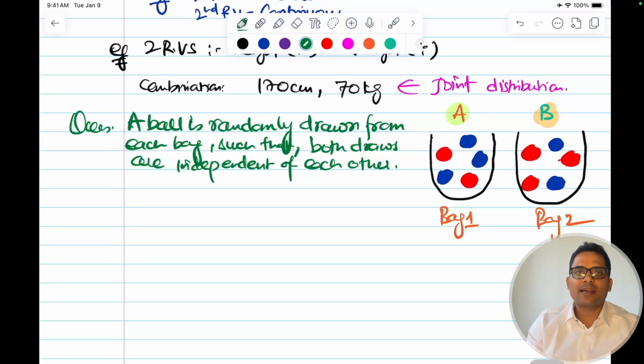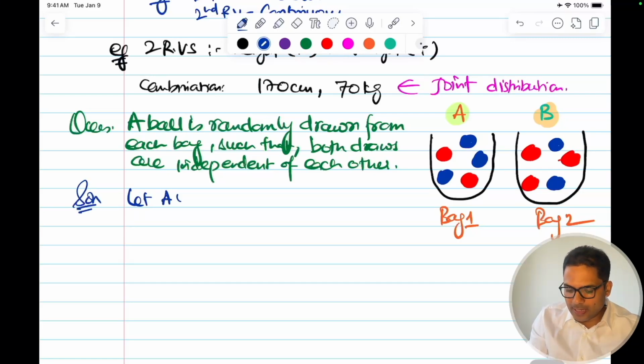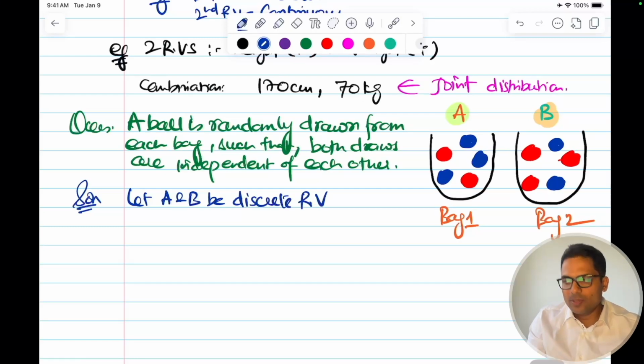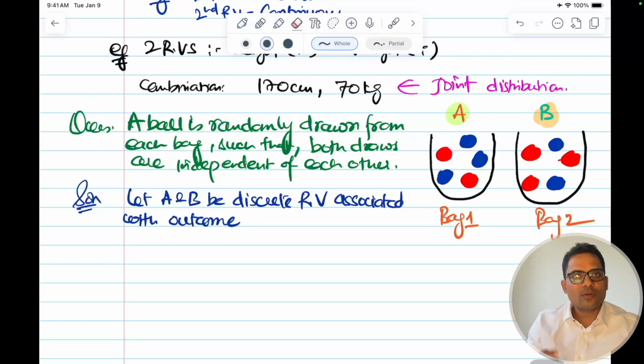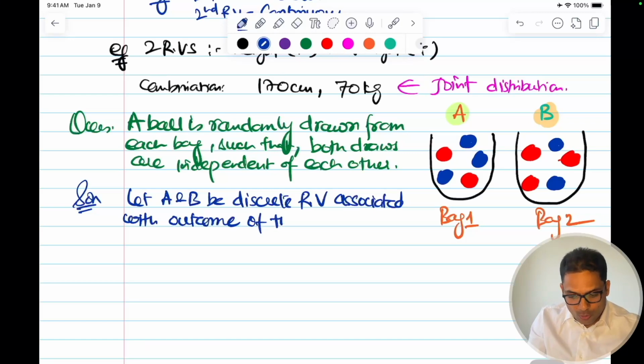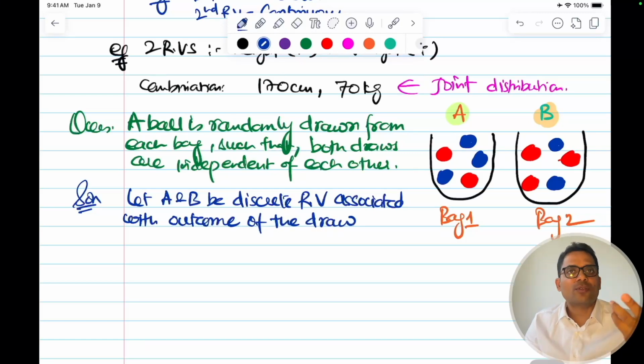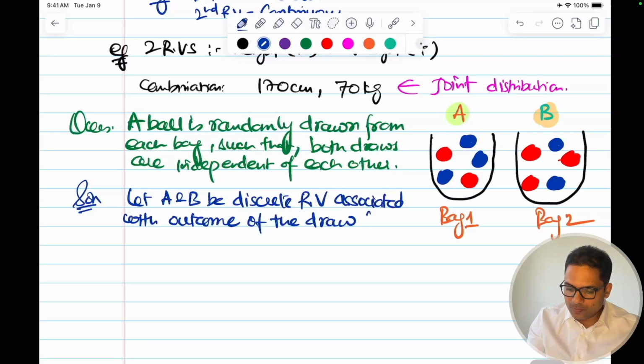So let A and B be discrete random variables associated with the outcome of the draw from the first and second bag respectively, that is, which color ball is drawn from the first and second bag.